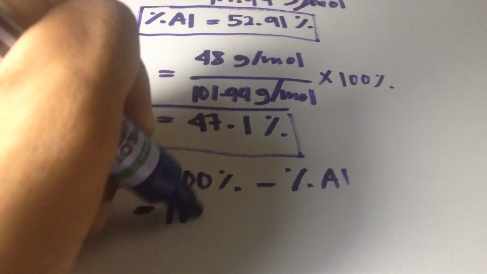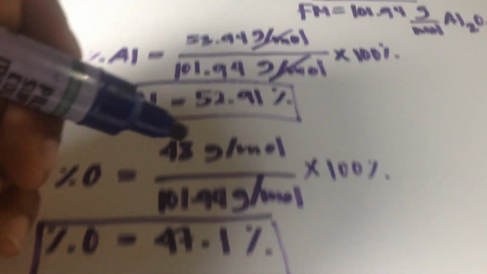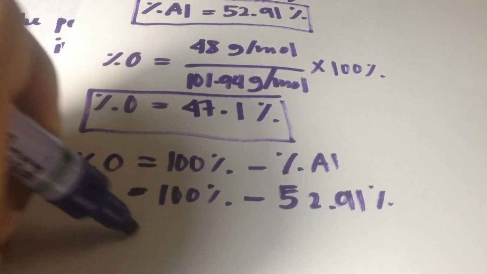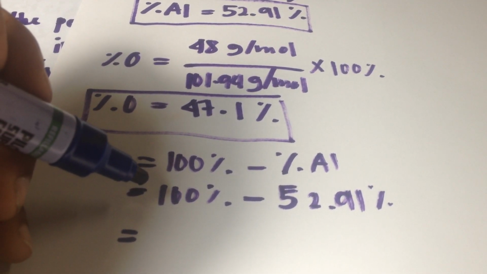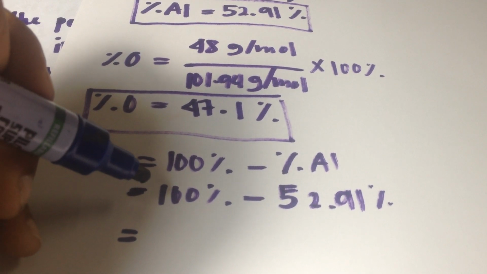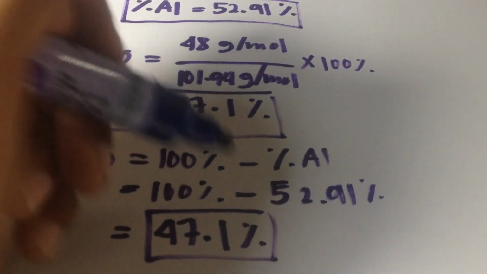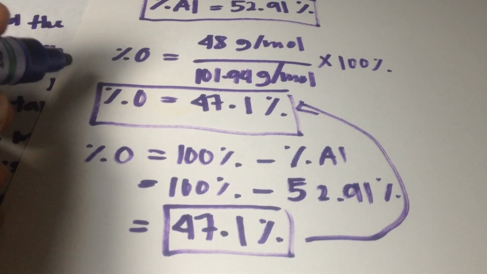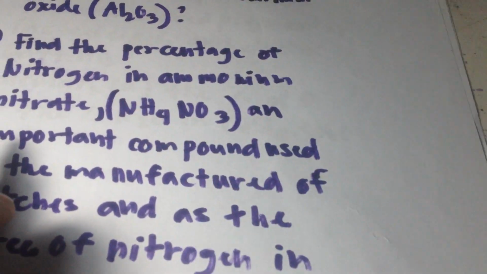So 100% minus 52.91% is equal to 47.1%. Alright, it's the same here. You can choose either. Okay, let's proceed to number 2.